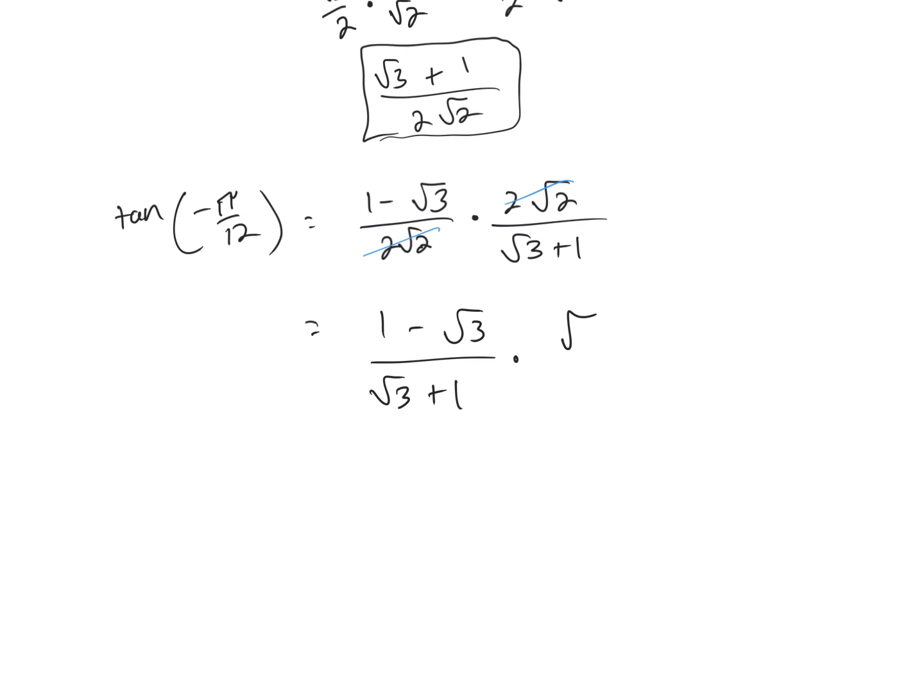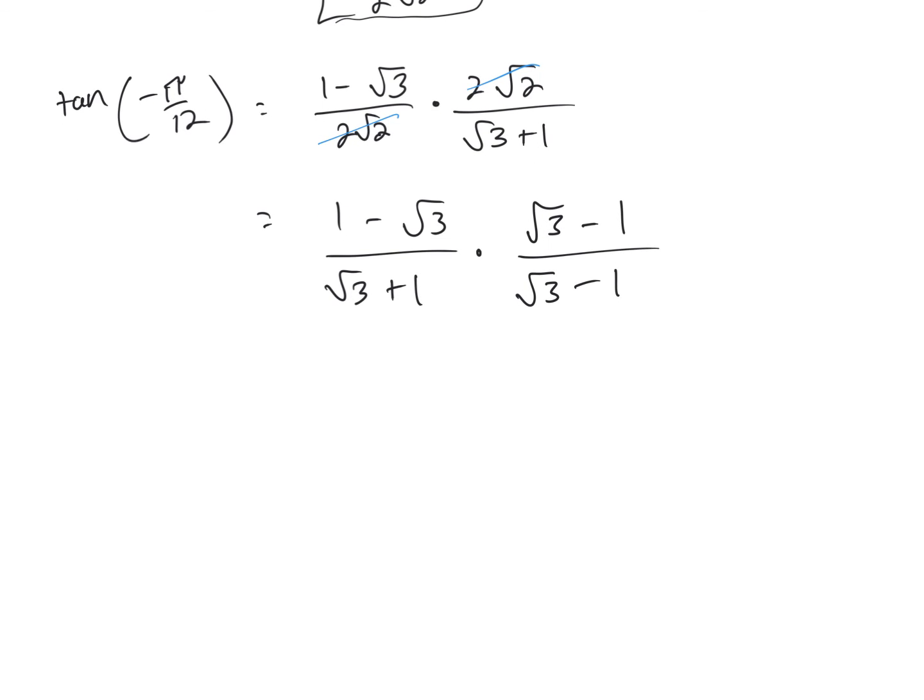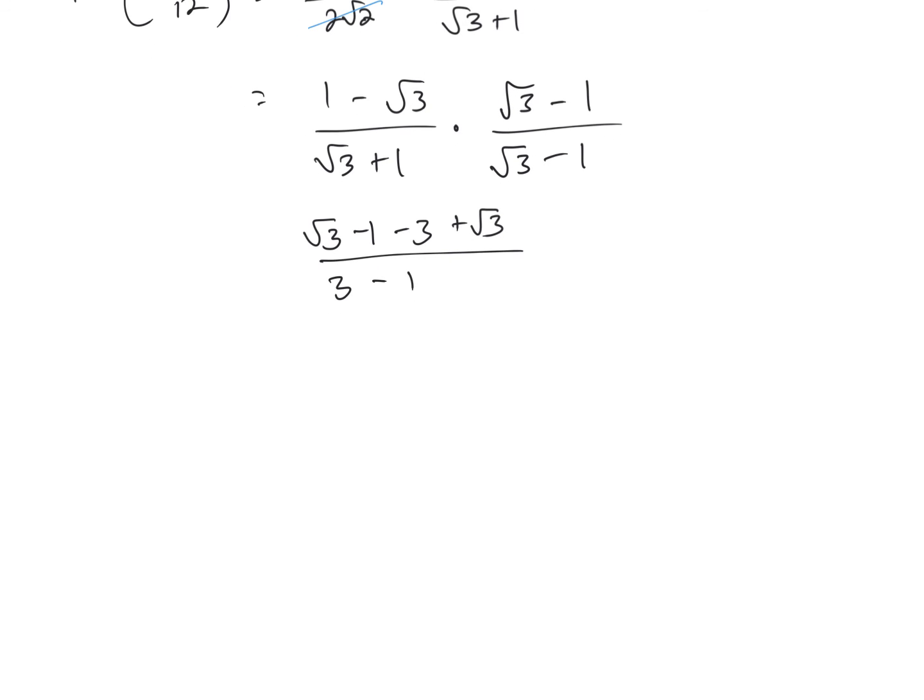I can then multiply by root 3 minus 1 over root 3 minus 1. Not plus 1, minus 1, because I want opposite factors, difference of perfect squares in my denominator. This will leave in my numerator, if I FOIL, root 3 minus 1 minus 3 plus root 3 over 3 minus 1, which then simplifies to 2 root 3 minus 4 over 2.